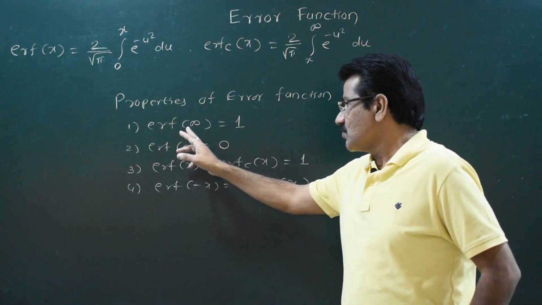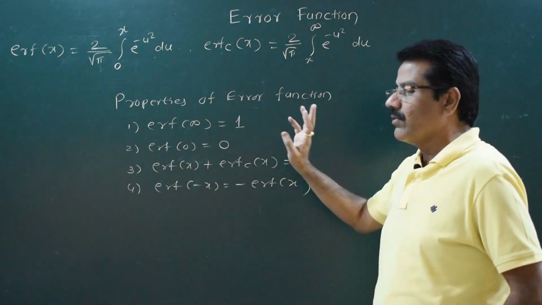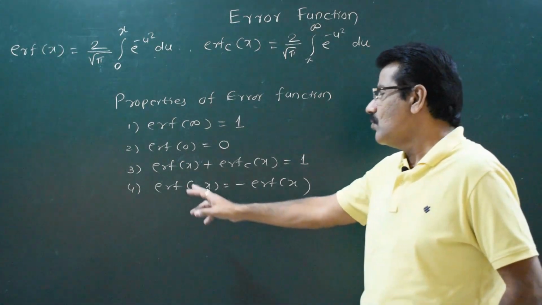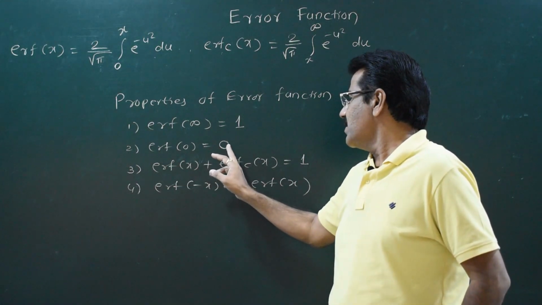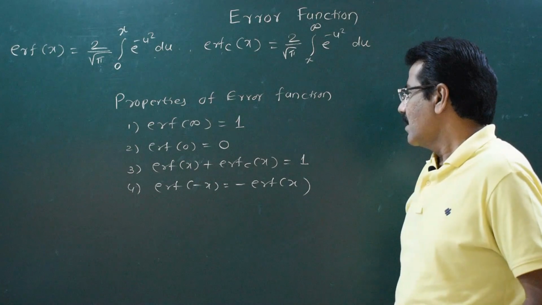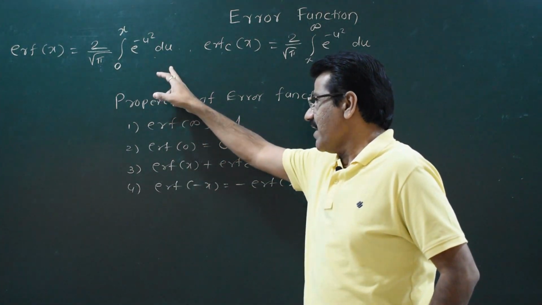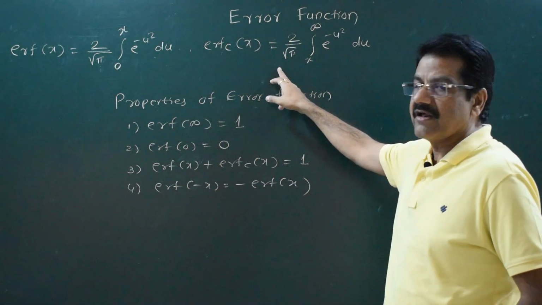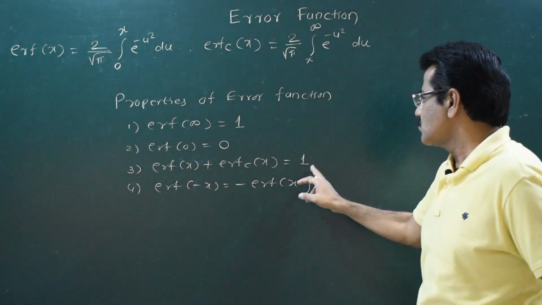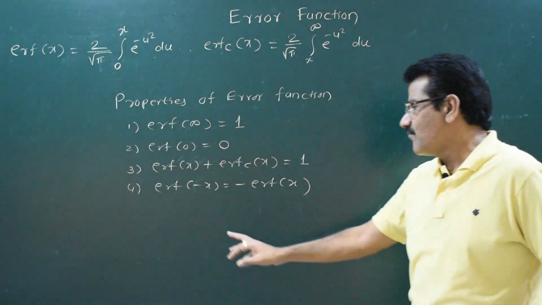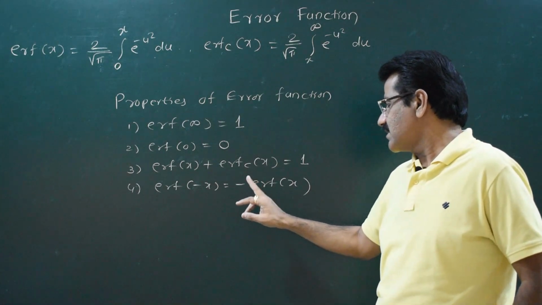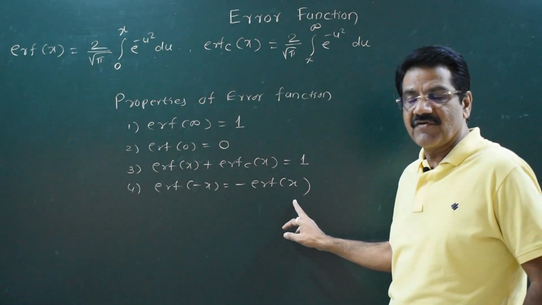Number one, error function of infinity is always equal to 1. Number two, error function of 0 is always equal to 0. Number 3, error function of x plus complementary error function of x is always equal to 1. And number 4, error function of minus x is equal to minus error function of x.